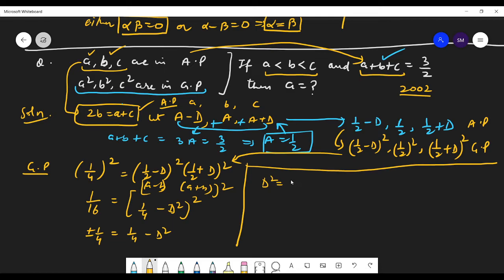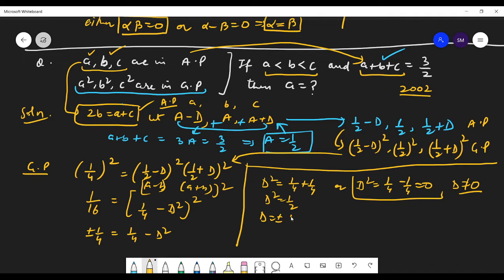And D cannot be 0 because these are three different terms. So this option is ruled out, and you are left with only one option. So D square is equal to 1 by 2, and it means D is equal to plus minus 1 by root 2.